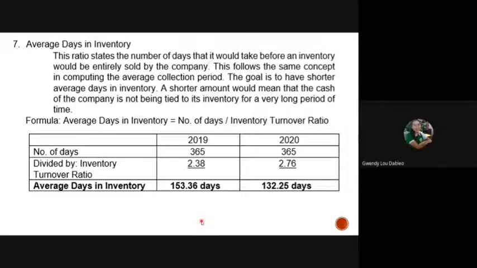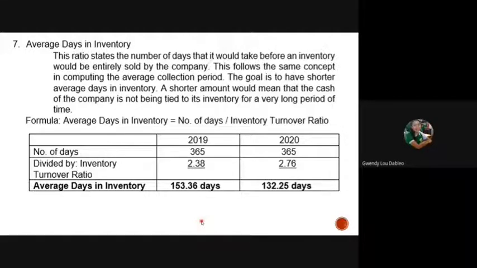Okay. So again, the number of days depends on the policy of the company if they are adopting 360 or the 365. So for example purposes, we use 365 days divided by inventory turnover ratio. So mao ni siya ang atong na-compute, di ba? Previously. So for 365 divided by 2.38 in 2019, the average days in inventory, we have 153.36 days or 153.